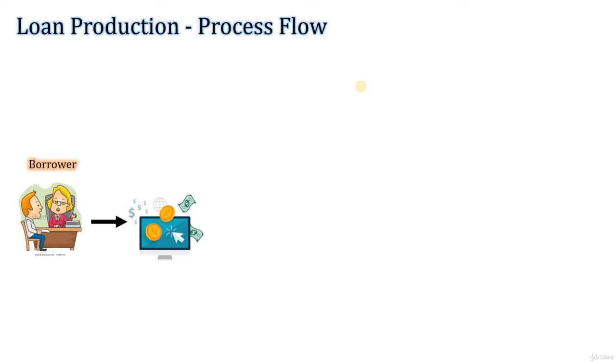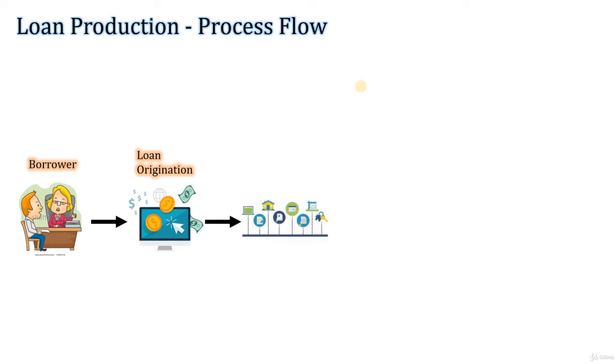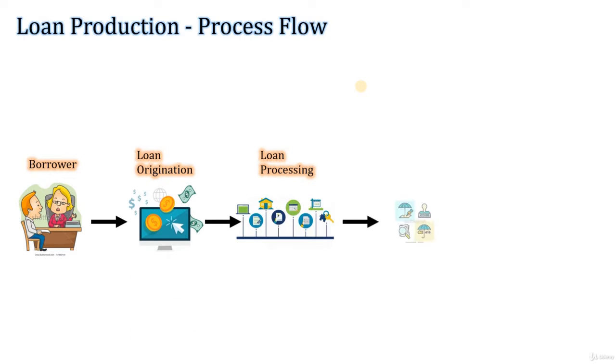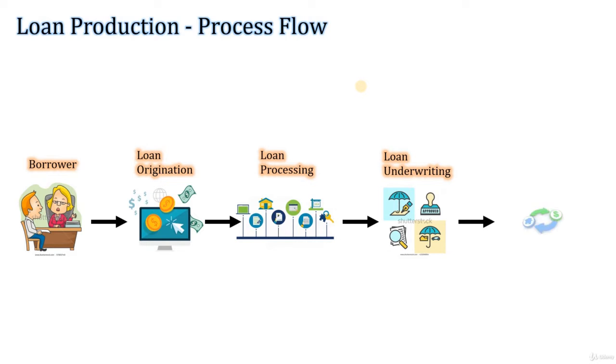What is the process flow? The various stages involved in loan production are shown in this diagram. You can identify four distinct phases. The first one is loan origination. When a prospective borrower gets engaged with the lender or the lender's agent, they ask for basic data related to the loan.